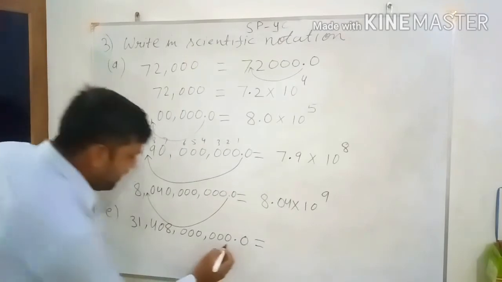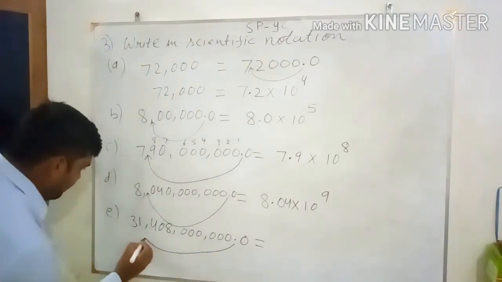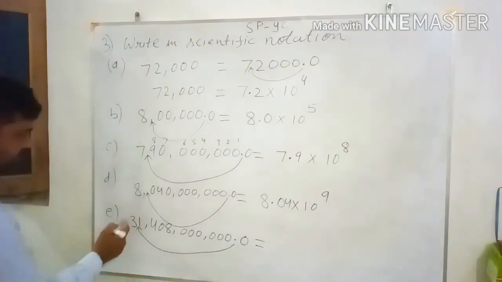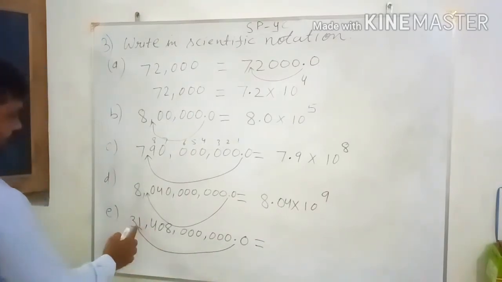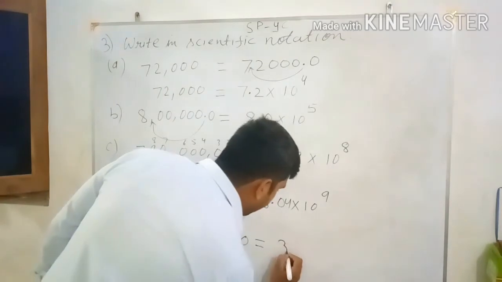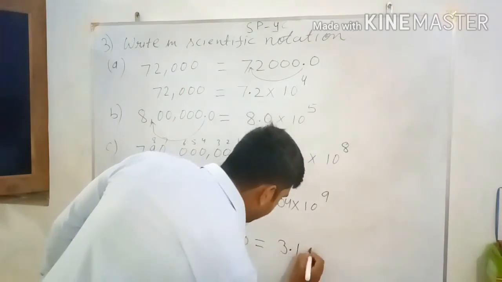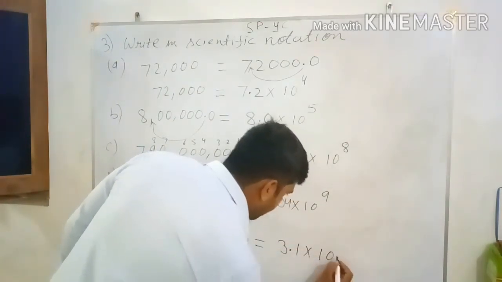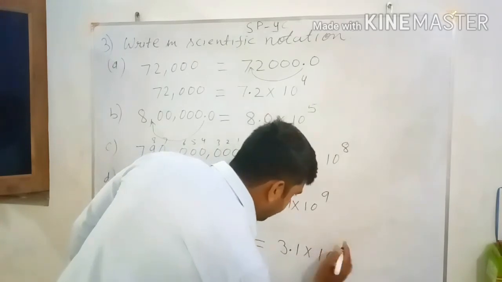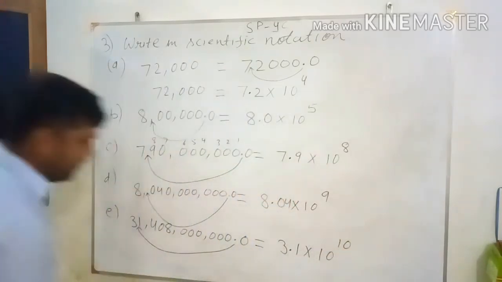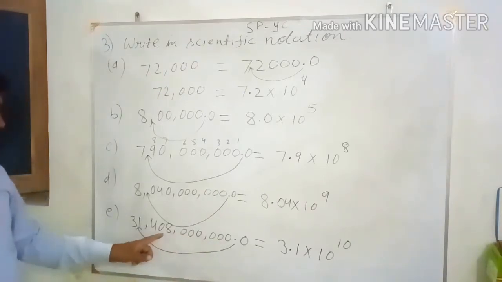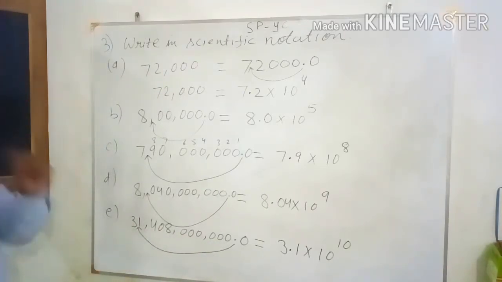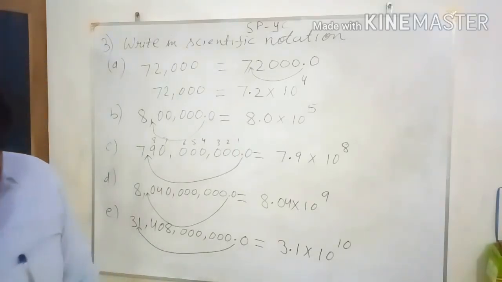Now see how many places we have to shift the decimal here. 3, 6, 9, 10. Now the number you can write as 3.1 into 10 to the power 10. We have shifted the decimal 10 places left: 3, 6, 9 plus 1, 10. That is 3.1 into 10 to the power 10.